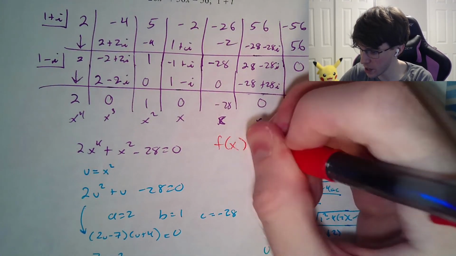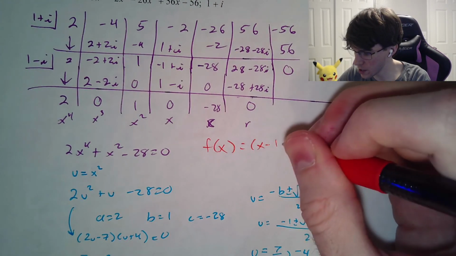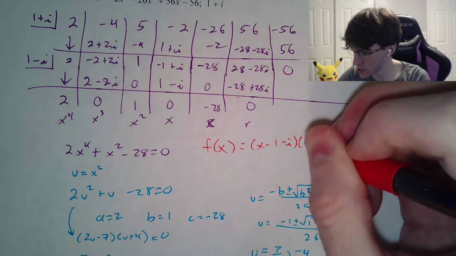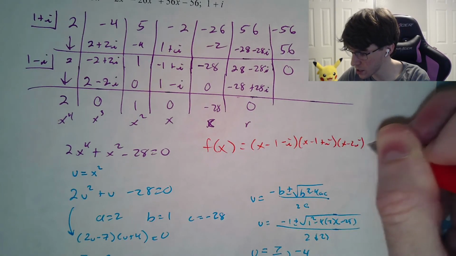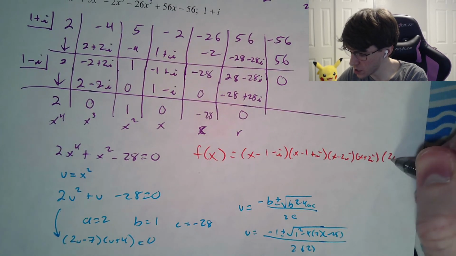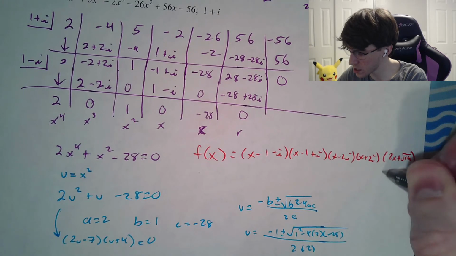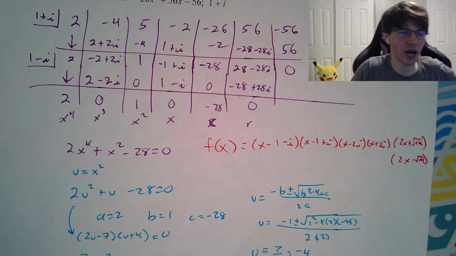In factored form, f of x is equal to x minus 1 minus i times x minus 1 plus i times x minus 2i times x plus 2i times 2x plus the square root of 14 times 2x minus the square root of 14. What a disaster of a problem.